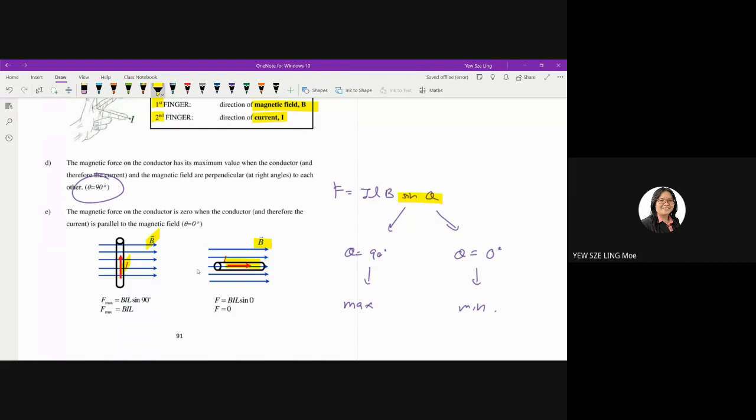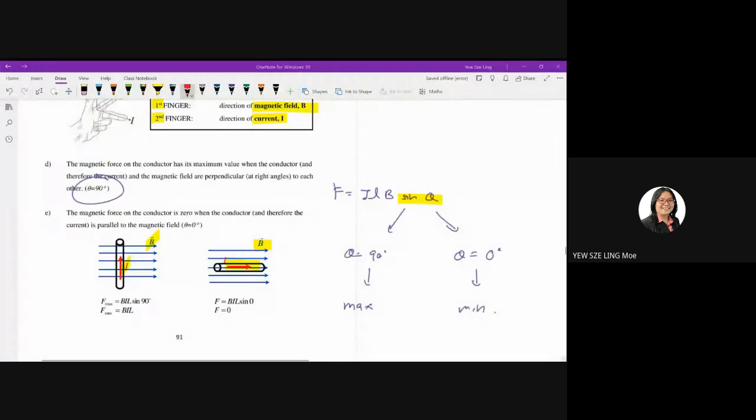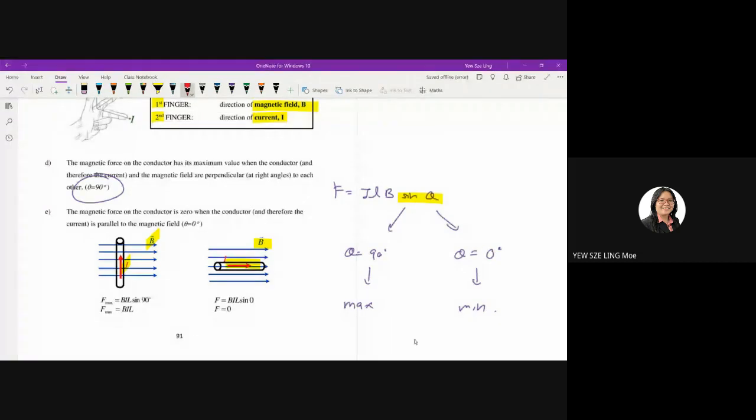Especially objective questions, especially your UPS questions, that is the type of questions that they will ask. Which diagram gives you the maximum value? Which diagram gives you the minimum value? In between these two diagrams, maybe they give you different angles, but you don't have to look at all those, because what you want is either 0 degree or 90 degree. All right, we are done.